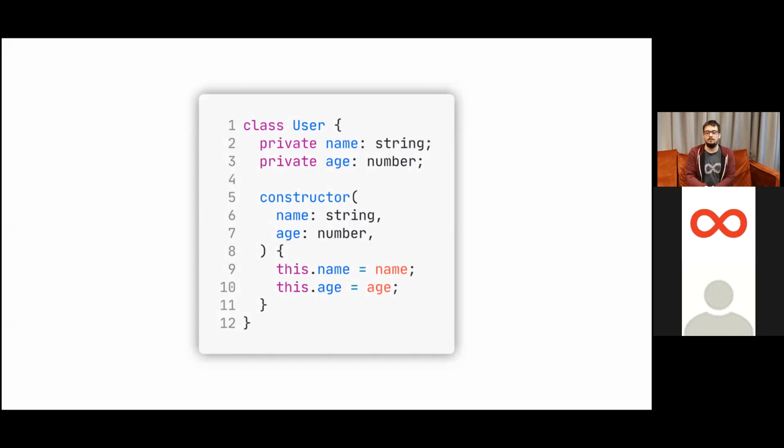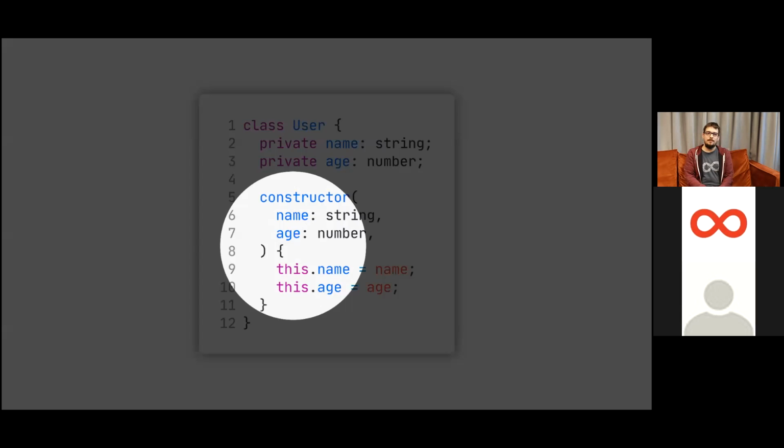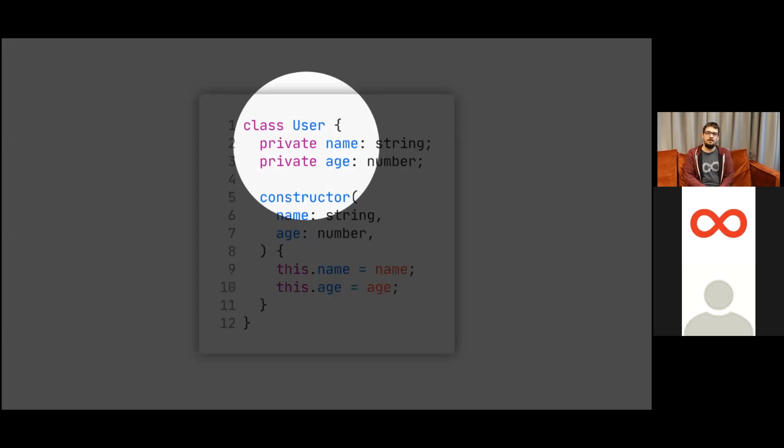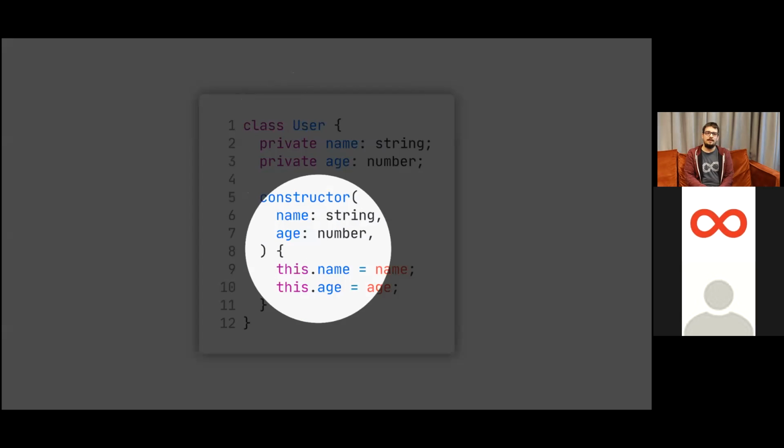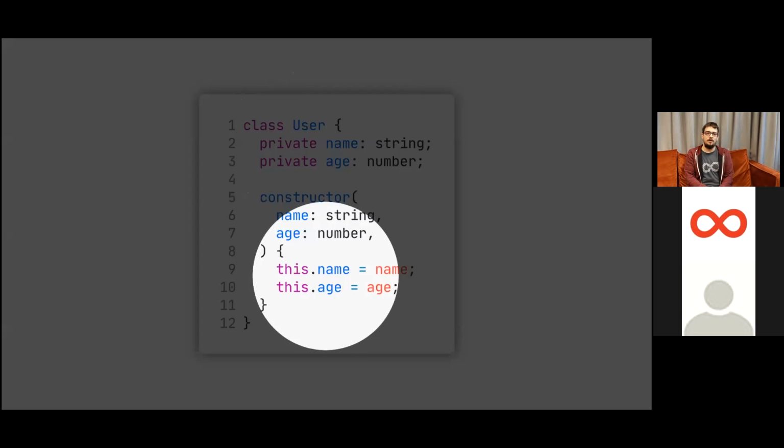And now one more sugary thing. So if you want to create a new instance of class User, you pass name and age in the constructor. You have private properties, name and age. And then in the constructor, you just assign those private properties.